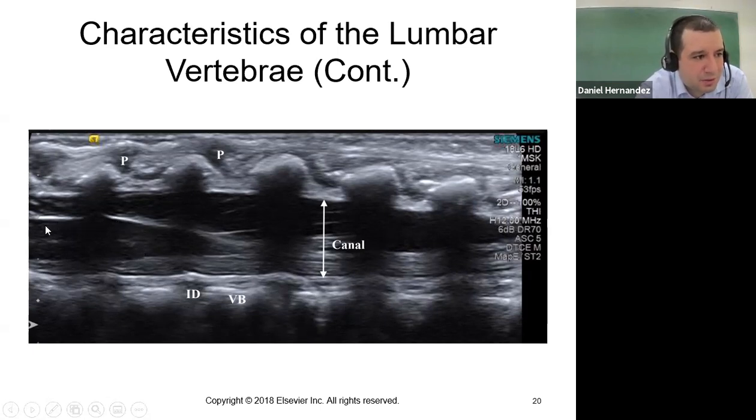So this is your spinal cord, your central canal. This area is called the conus medullaris, and you can see how it tapers to a tip. Can't really see it too well here, but coming off here, you have your filum terminale, which extends down.